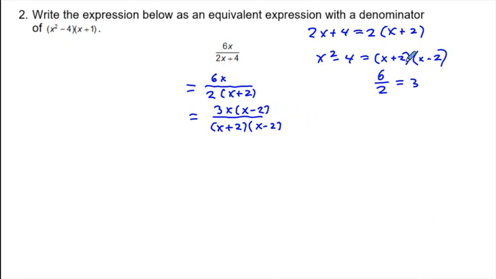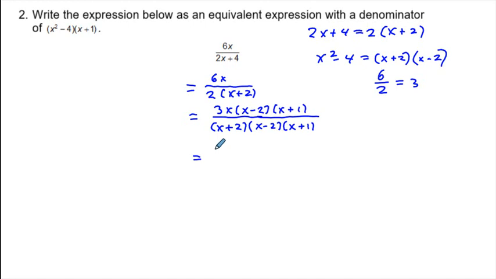And then we still have this x plus 1, so we multiply our numerator and denominator by x plus 1, x plus 1. And so that's really going to be it.